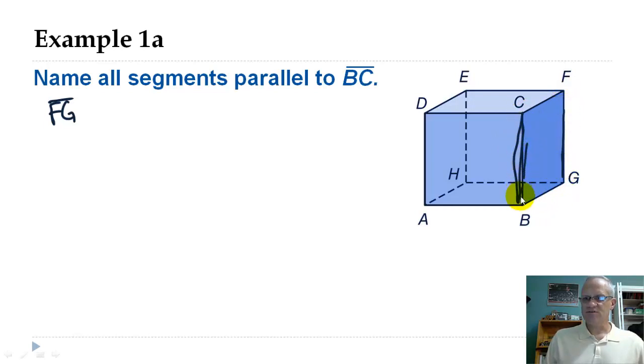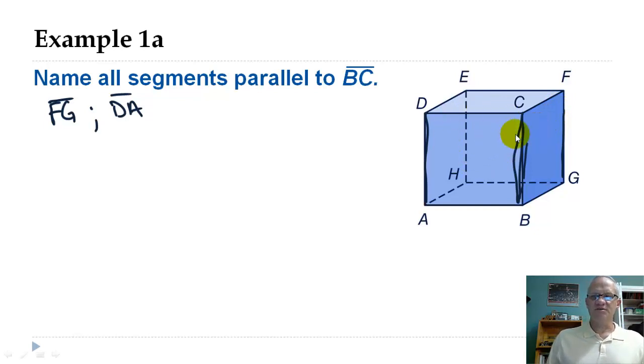Now if we look at CB, what other plane is it in? It's in this plane to the left. And if you look over here, here's a line, DA. That is parallel to CB or BC as well. So DA is also. A lot of times that's not too hard for most people, but the hardest one, there's one more.